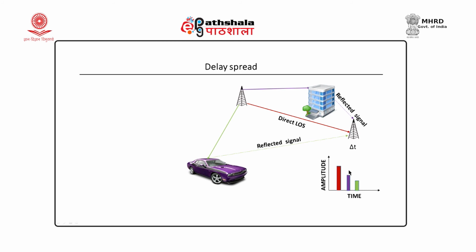You can see here that this signal is reaching first with more power, then this signal denoted in purple, and then this signal denoted in green. Actually, all these signals should have arrived at the receiver simultaneously, but they are arriving at different times, and this effect is known as delay spread.